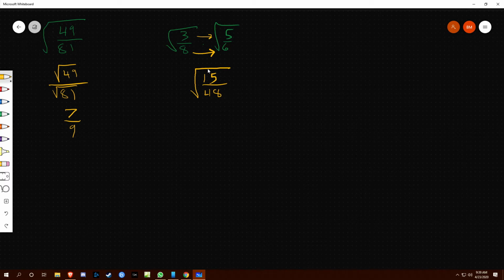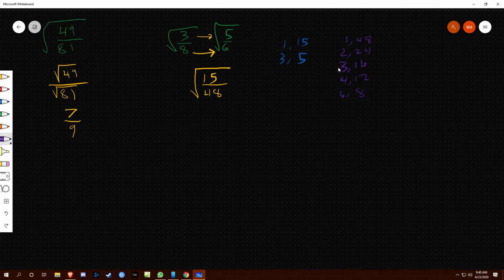So what I have to look for are opportunities to cancel. That's how I would do it, is I have 1 and 15 and 3 and 5. Those are my factors of 15. And then I would find my factors of 48. 1 and 48. 4 and 12. 6 and 8.